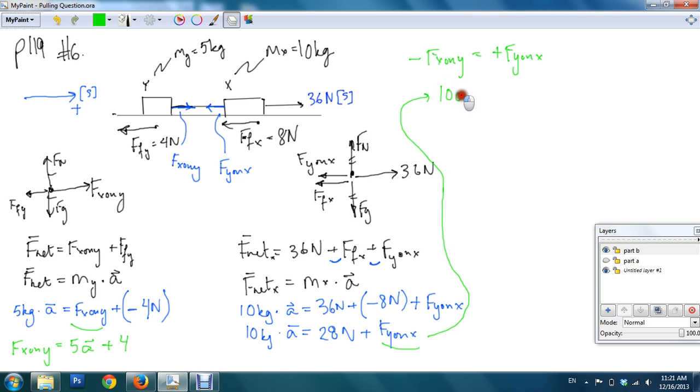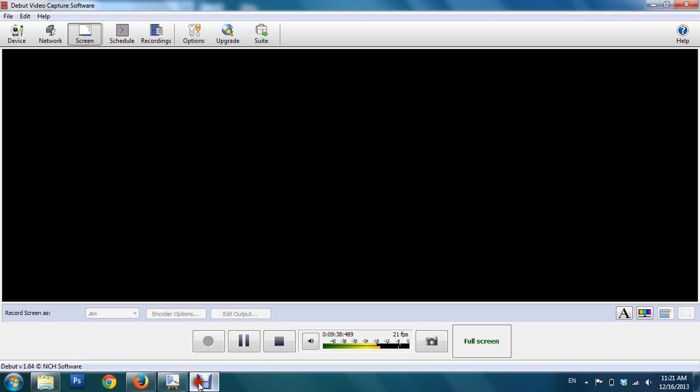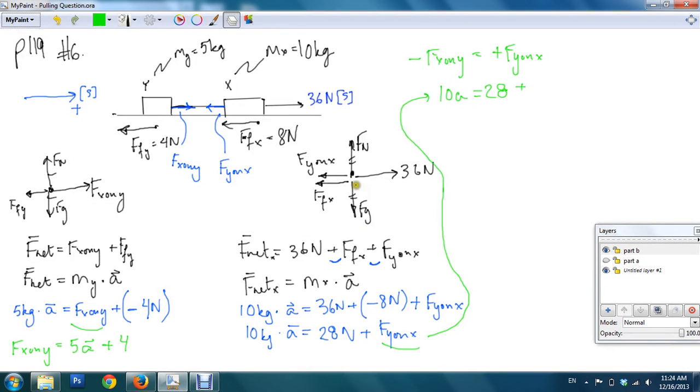Say 10a is equal to 28 plus Fy on X, which is, okay, and let's just continue. So we're writing this equation here. So 10a is 28 newtons plus Fy on X.